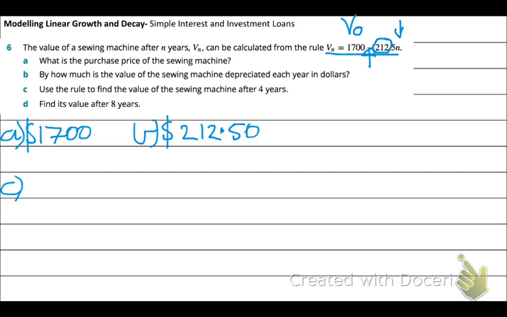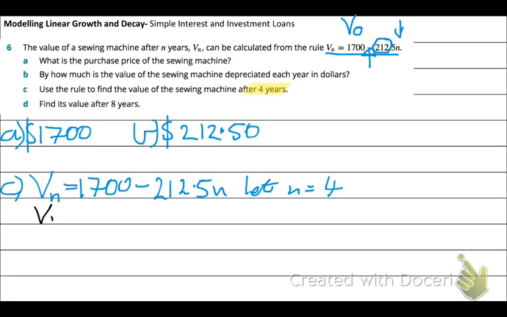So we will take our equation of Vn equals 1700 minus 212.5n, and then we want to let n equal 4 because we're asked in the question for the price of the machine after 4 years, and n representing the number of years that the machine's in use.